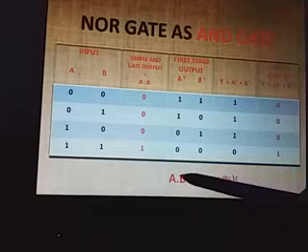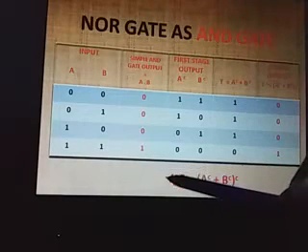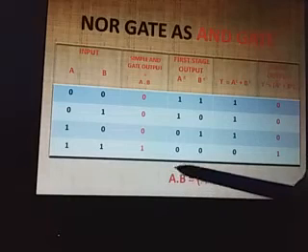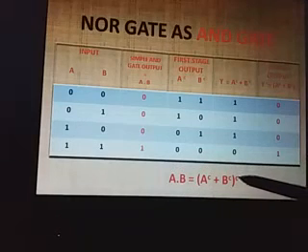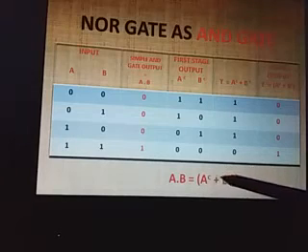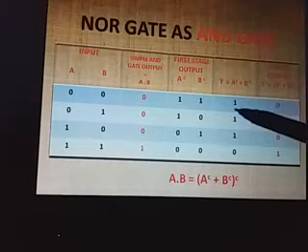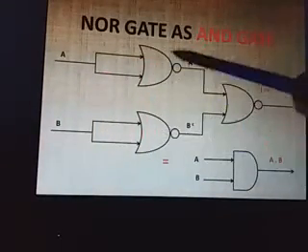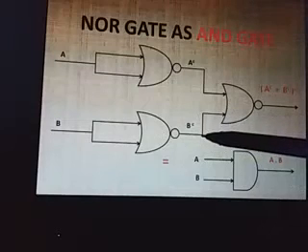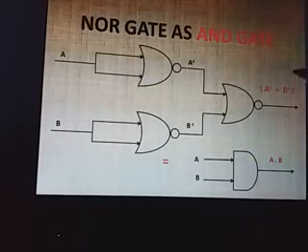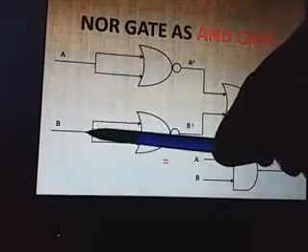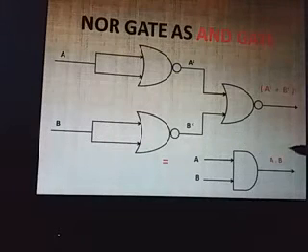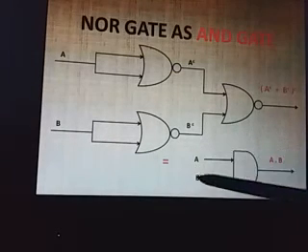It proves A dot B, which is the AND gate function, the output of a simple AND gate, is equal to complement of A complement plus B complement, what we receive from the combination of these three NOR gates. So the output for the input signals received by this combination is exactly the same as that provided by a simple AND gate.